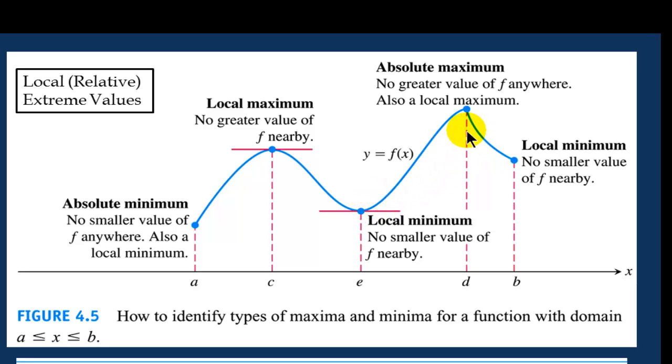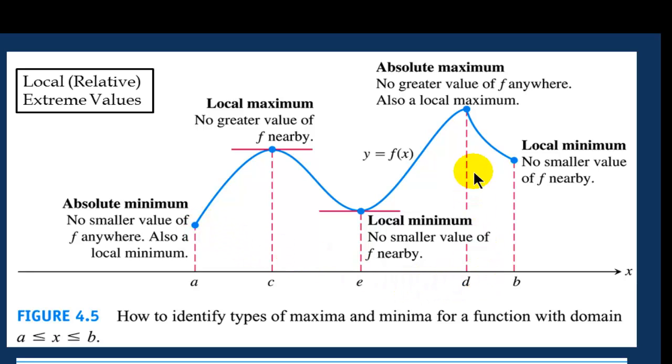And again, that's a local maximum occurring around d. And it turns out here, in this whole graph, your absolute minimum occurs at the endpoint, which can also be considered a local minimum.